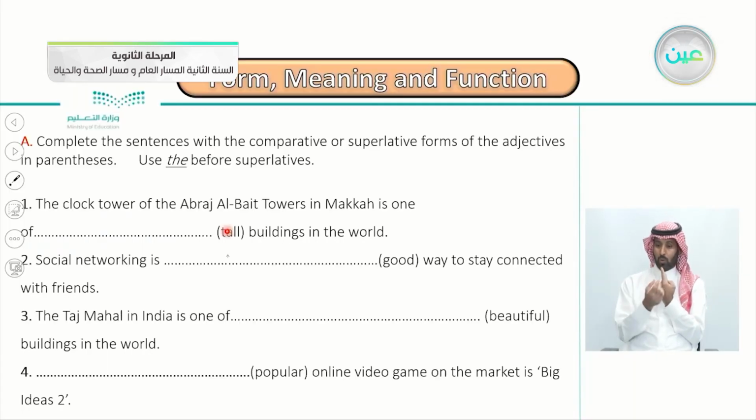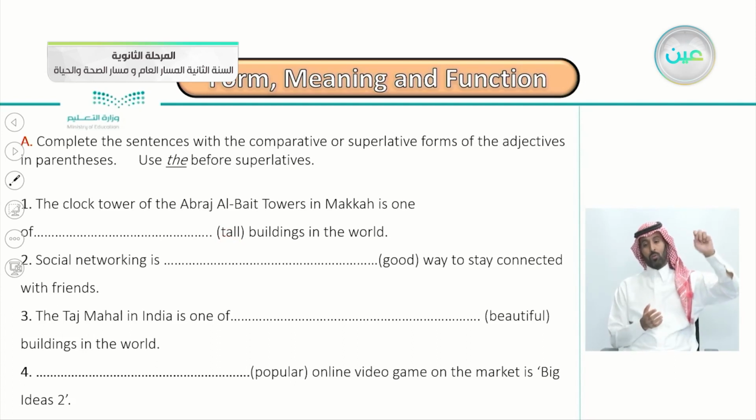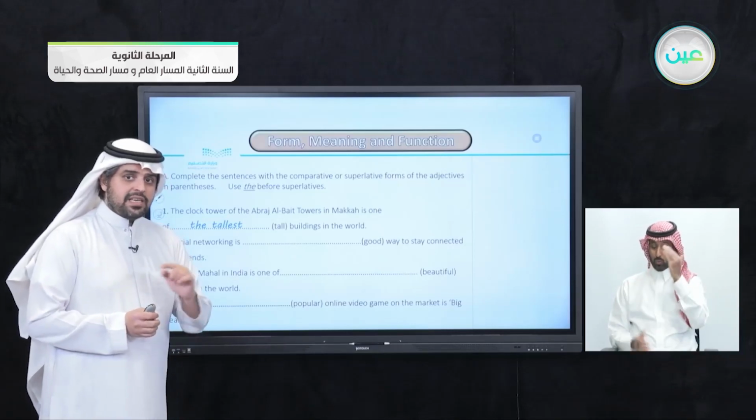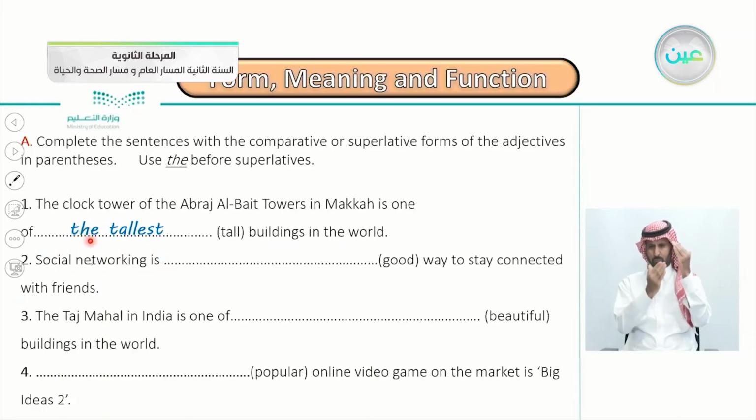And the adjective tall, how many syllables do we have here? Yes, this is a one-syllable adjective. So, yes, one of the tallest, because it's a superlative and it's a one-syllable adjective, we added EST. And don't forget the tallest.